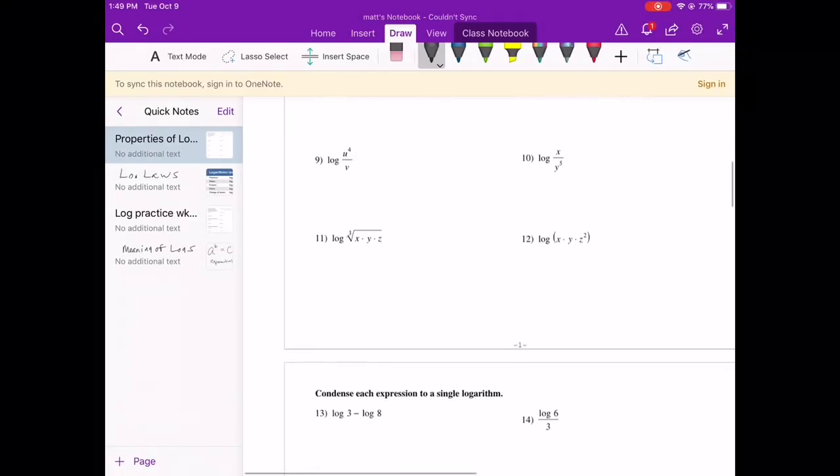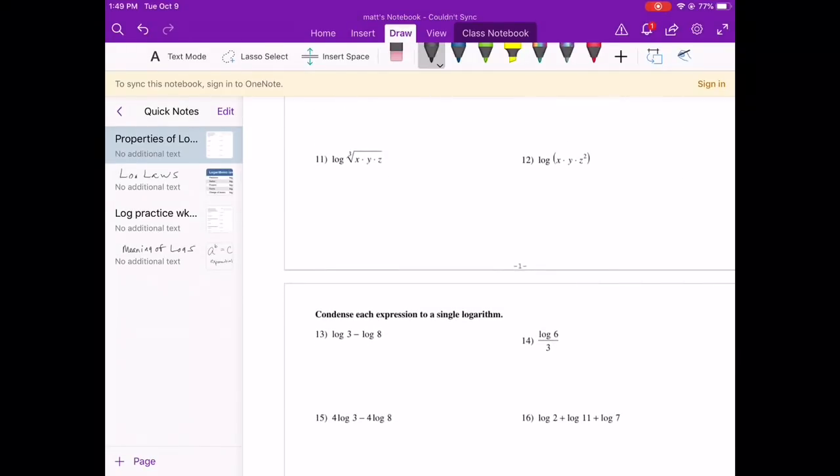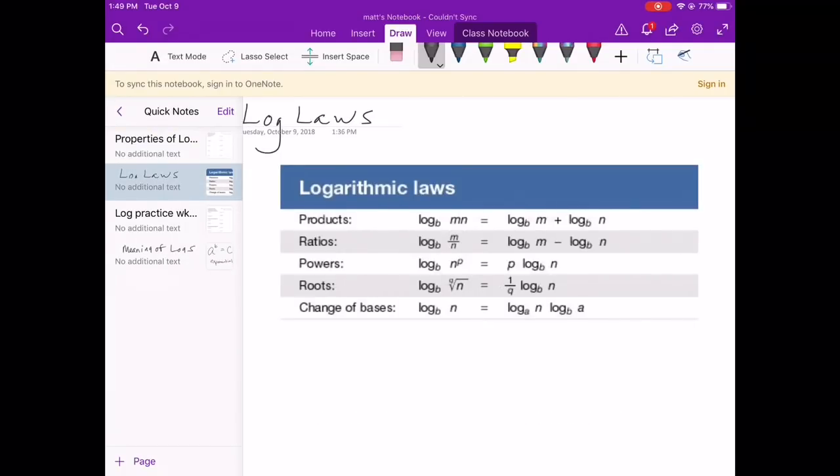All right, moving down a little bit further where we've got some more complicated stuff. Down to 11, we've got a radical, a cube root, and we've got some products. So a real quick refresher of the law. With my roots, remember whatever the root is, that becomes multiplying by that inverse out front. And then remember my products becomes adding.